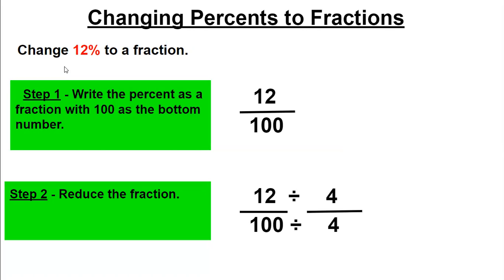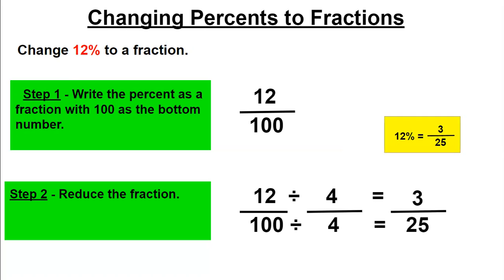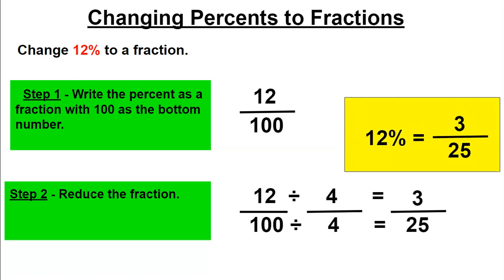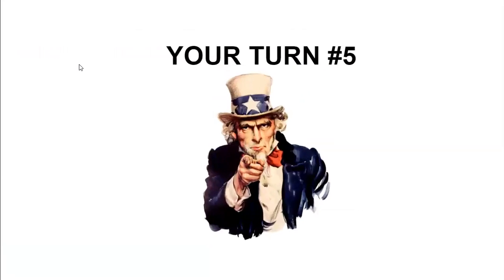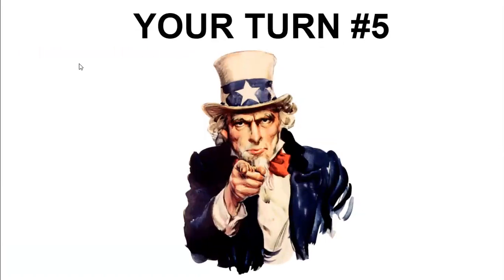If I divided by 2, that's okay. I would just have to divide by another 2 again, that's all. 12 divided by 4 is 3. 100 divided by 4 is 25. So 12% as a fraction is 3/25. Okie dokie? Because now you get to try changing a percent into a fraction in lowest terms.